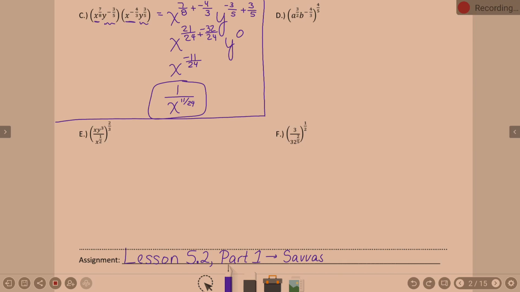Trying to give you a variety here of exponent rules. So let's look at D. A to the 3/2 times B to the negative 4/3, raised to the 4/5. What am I going to do first?